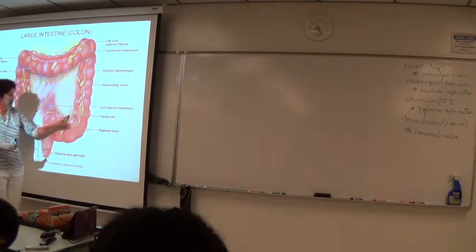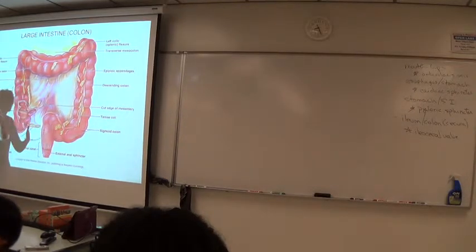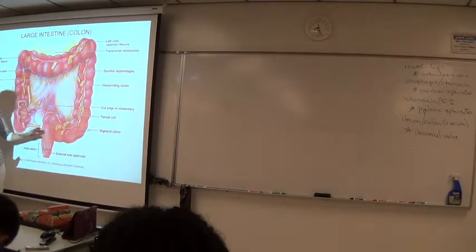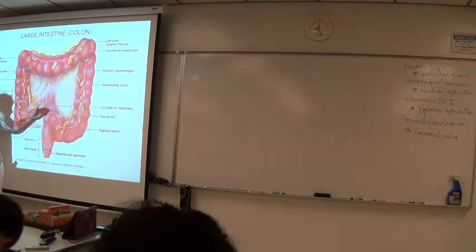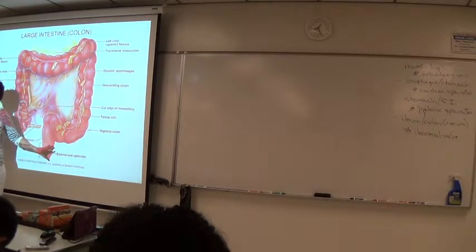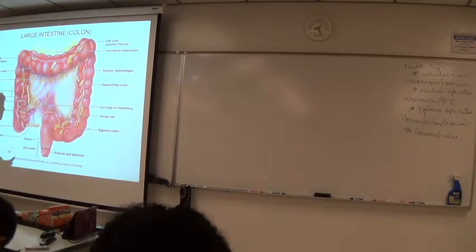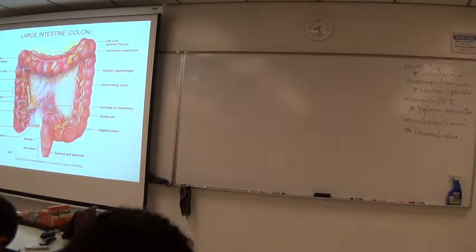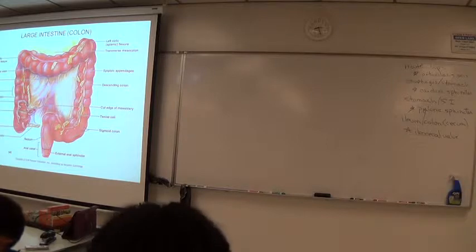Our sigmoid colon has its own mesentery, though our models never show it, so it's intraperitoneal. And then the superior rectum is draped with peritoneum, but the rectum is in the pelvis. The rest of the rectum we don't talk about as being intra or retro, it's inferior to the peritoneum.